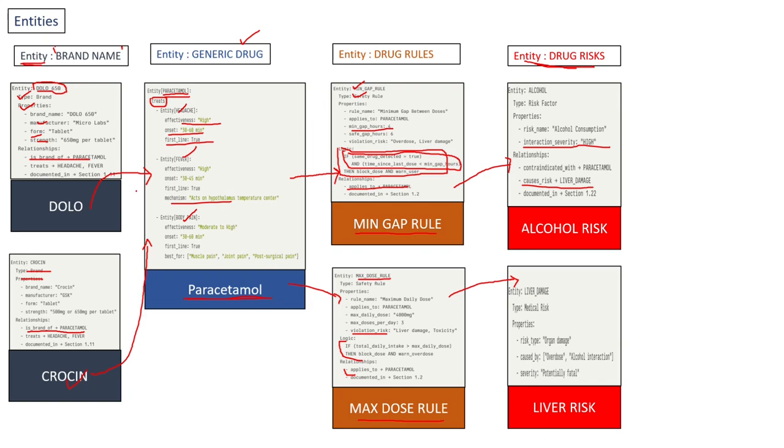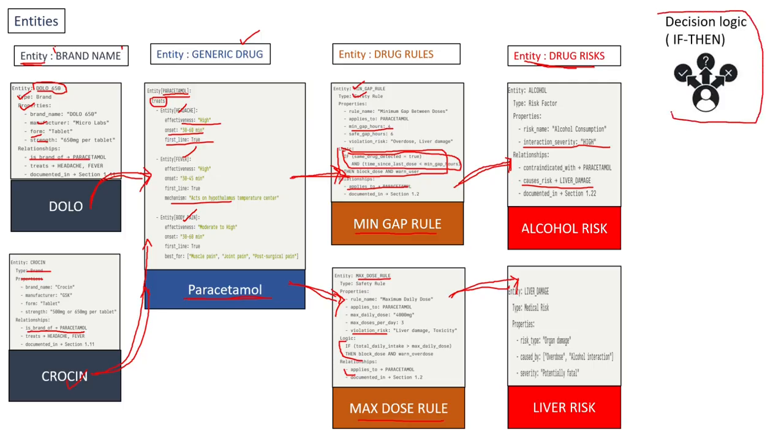So now you can see, instead of pages, subsections or number of PDF pages, it is connecting through the entities and building the relationships of entities. Along with that it has a decision logic with the rules.